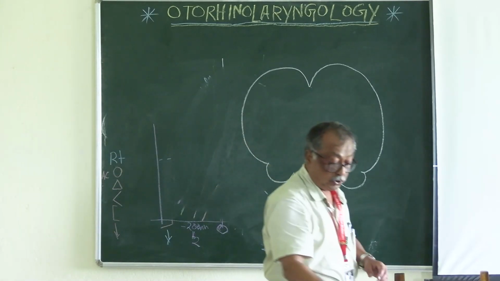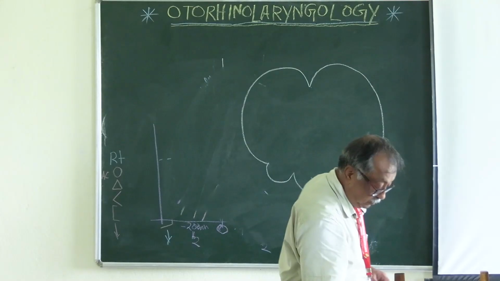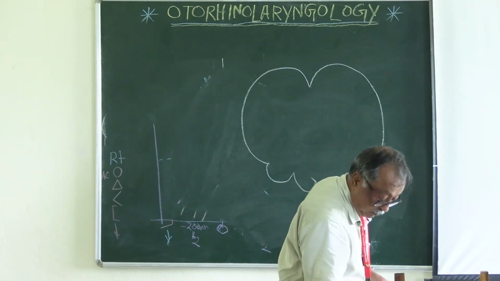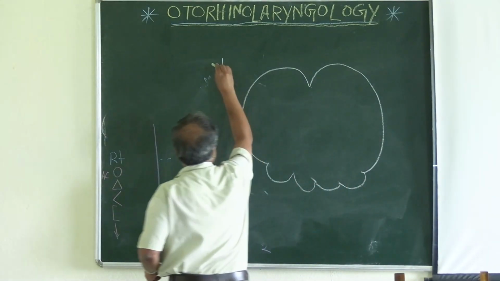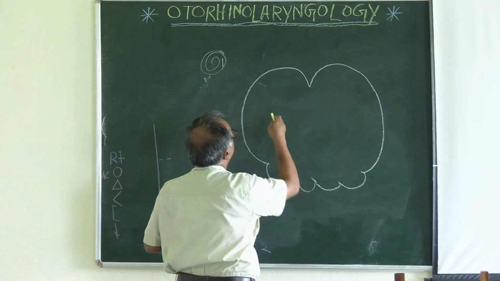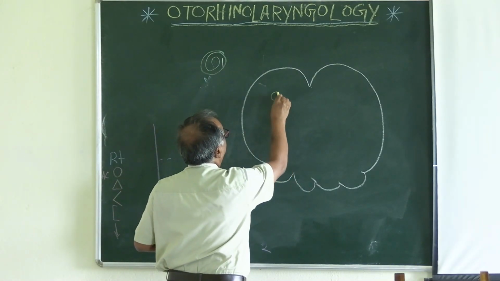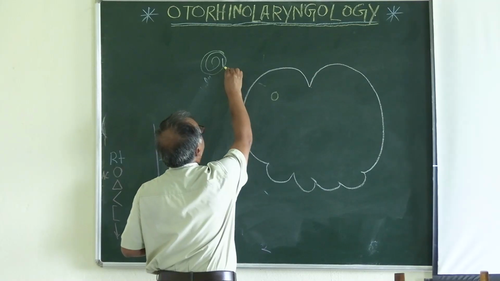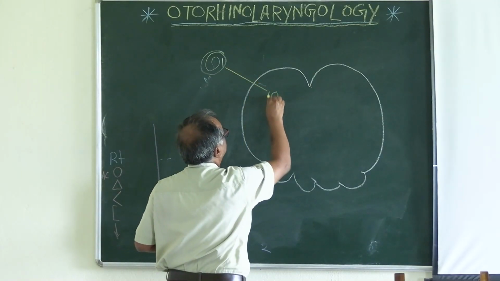This is the pons. This is the cochlea. This is the nucleus here. The nerve, the synaptic connection.